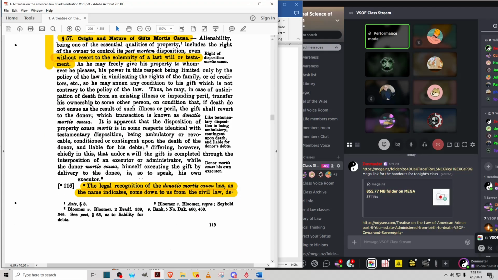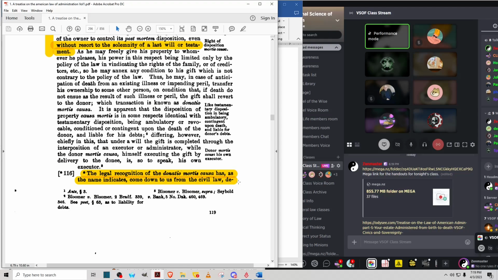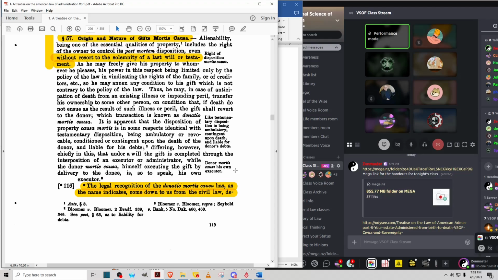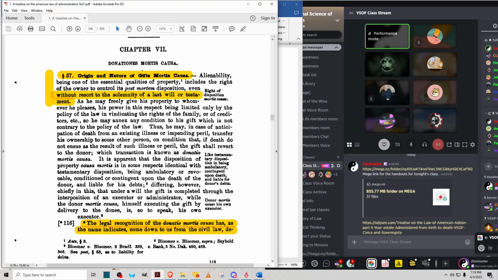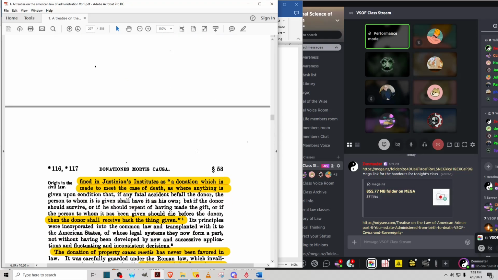Okay, so I'm going to skip down here. The legal recognition of the donatio mortis causa has, as the name indicates, come down to us from the civil law. So this is a Roman civil law thing, this capacity to be able to just give a gift right before death, right?